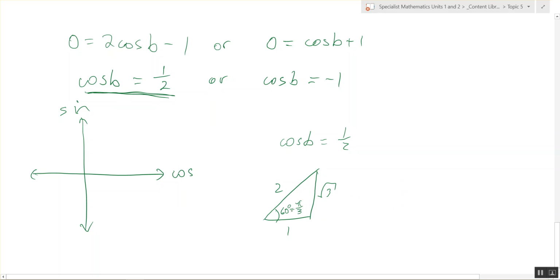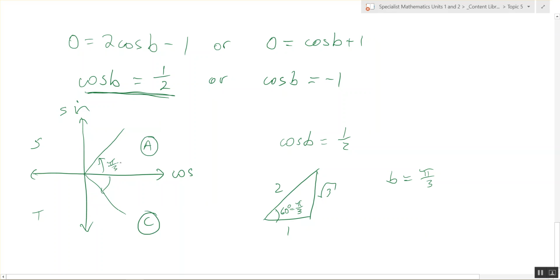So we have b is equal to what? 60 or pi over 3. The domain is in radians, so let's keep it in radians. So we've got the first angle over all positive here and all positive here.